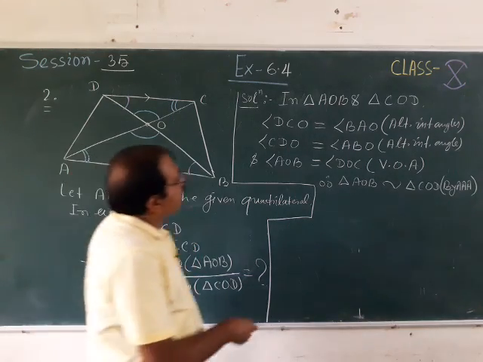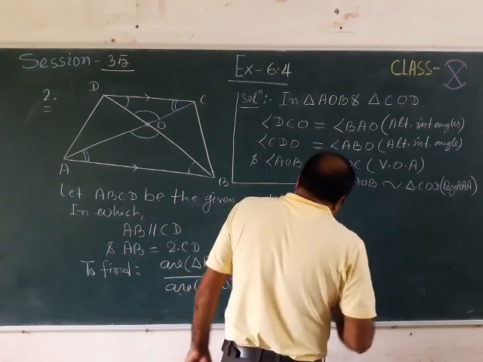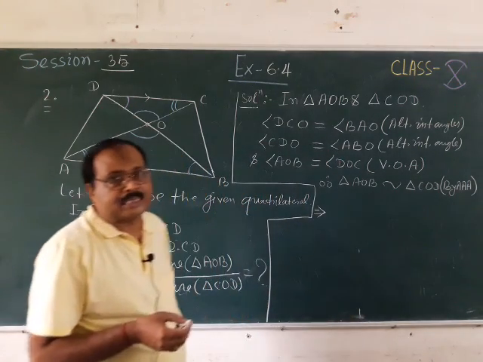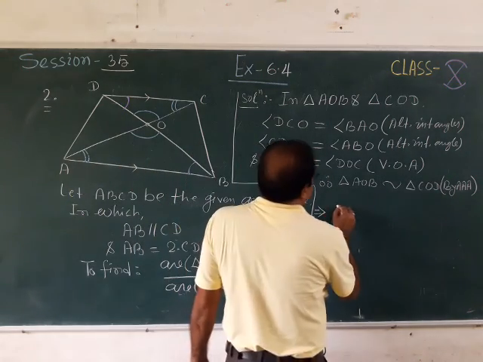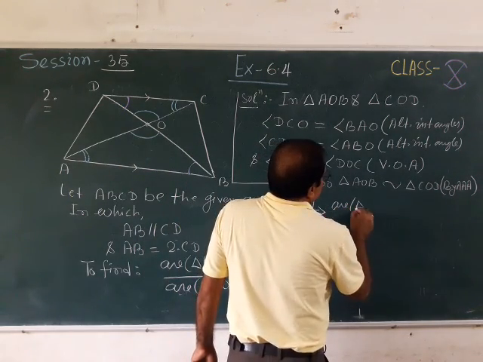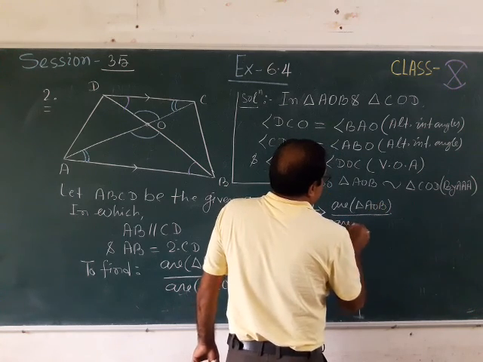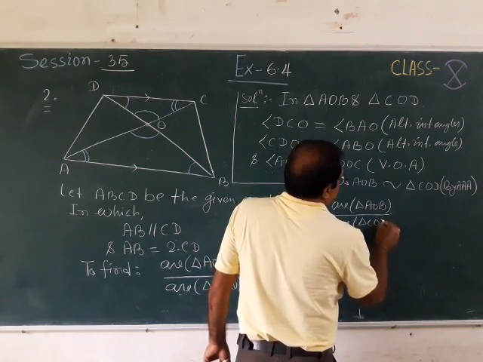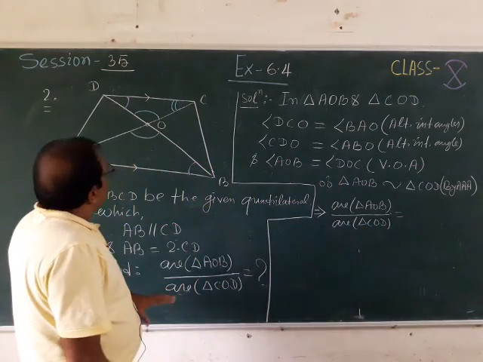After writing it, since both the triangles are similar, when you apply the concept of theorem number 6.6, the area of triangle AOB upon the area of triangle COD will be equal to the ratio of the squares of their corresponding sides.